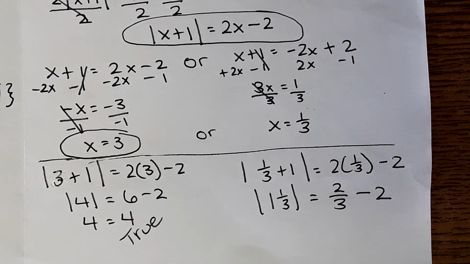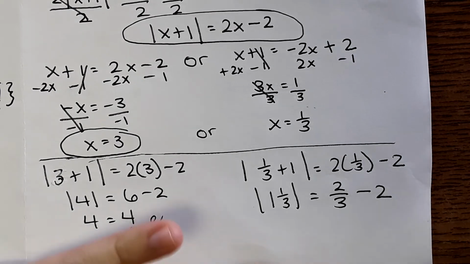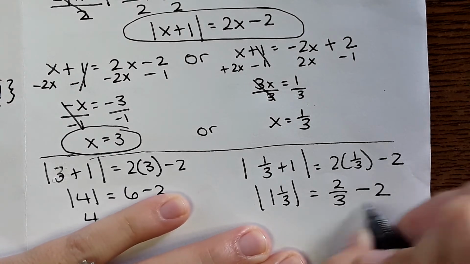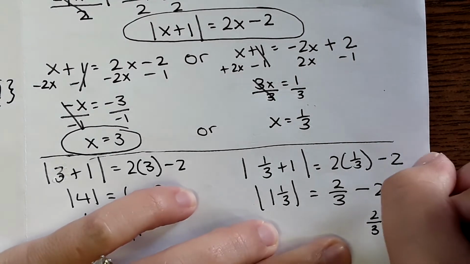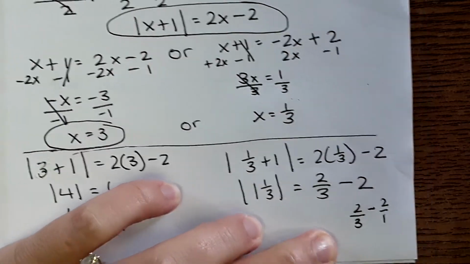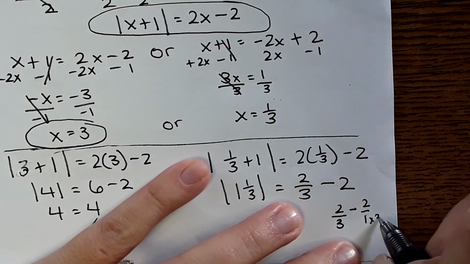Okay, and then we have 2/3 minus 2. Some of you might be able to do that in your head to get negative 1 1/3. Some of you might not be able to do that. To subtract the fractions, 2/3 minus 2 over 1, make a common denominator.